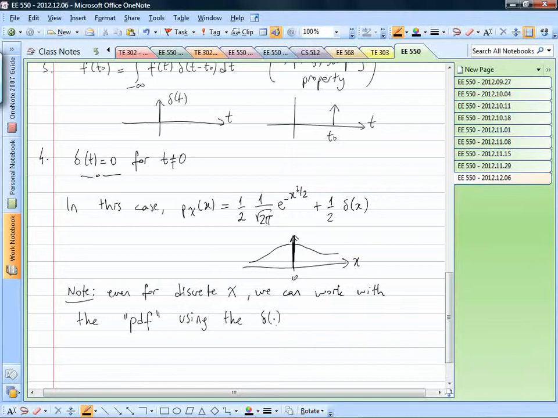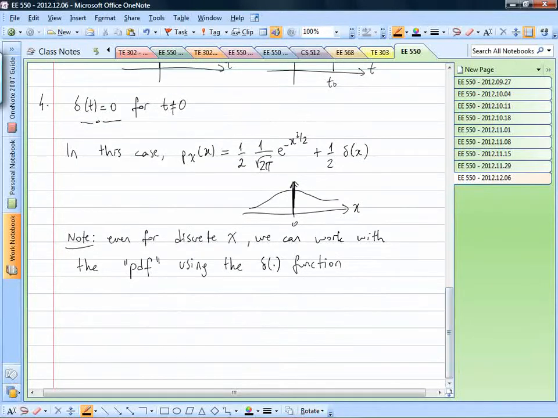So how would you find the PDF for a discrete x?